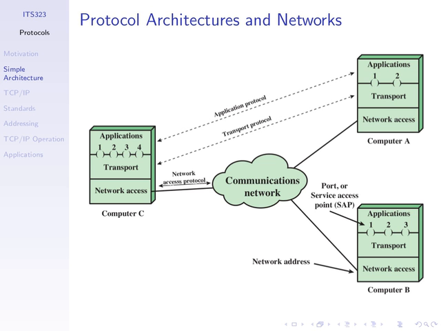This diagram is our protocol architecture. It's saying that this protocol architecture has 3 layers. We've given them names: application layer, transport layer, network access layer. It's just a way to conceptualize the difference between the tasks of data communications.